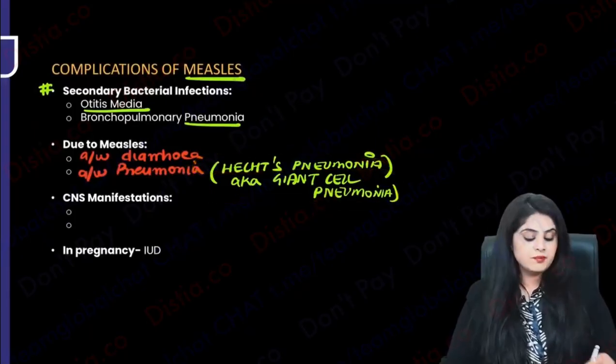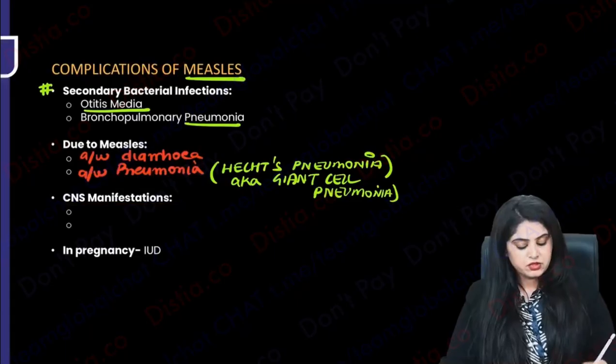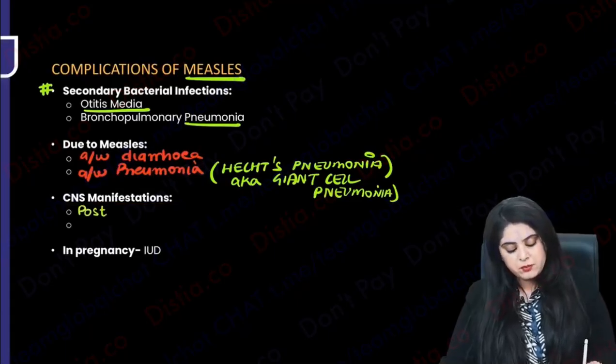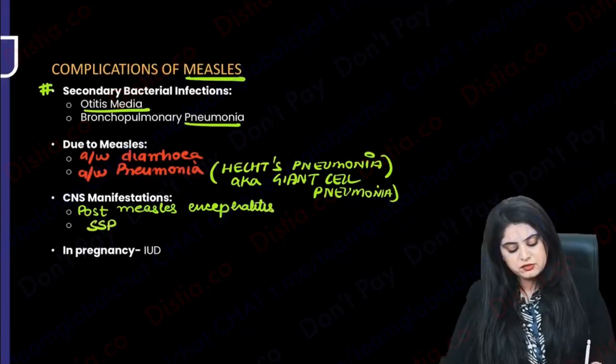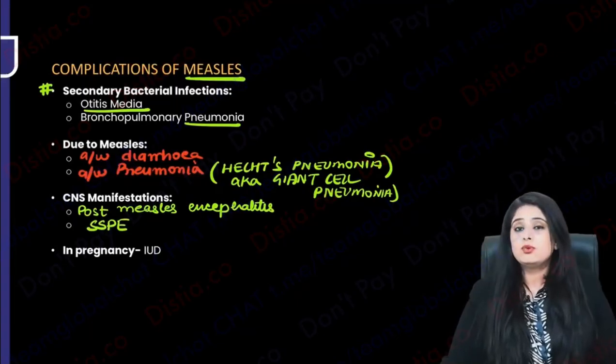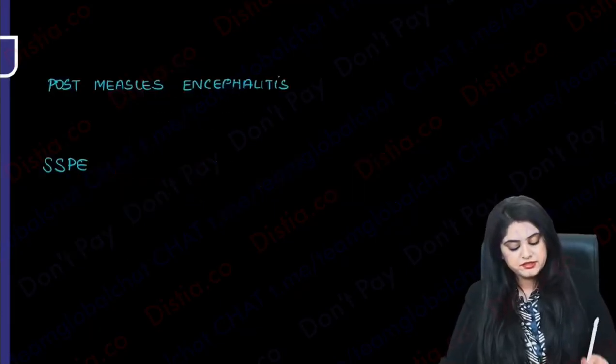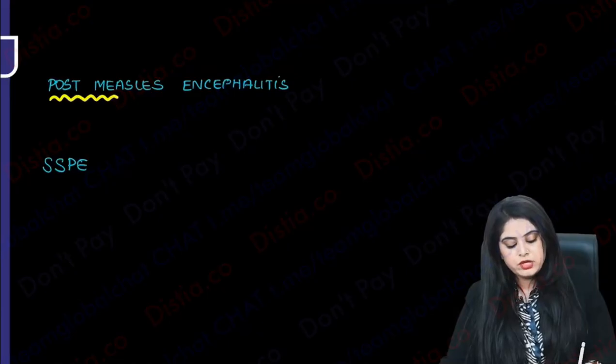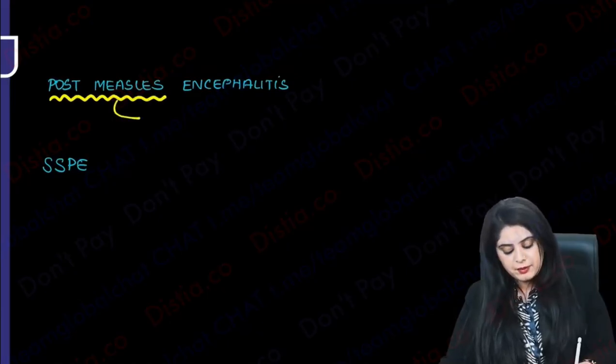Coming to the CNS manifestations, there is something known as post-measles encephalitis that can be associated with it. And there's another condition which is quite deadly, that is known as SSPE. So let us now get down to these two things. What is post-measles encephalitis? Obviously this is going to occur post-measles. So what happens post-measles?